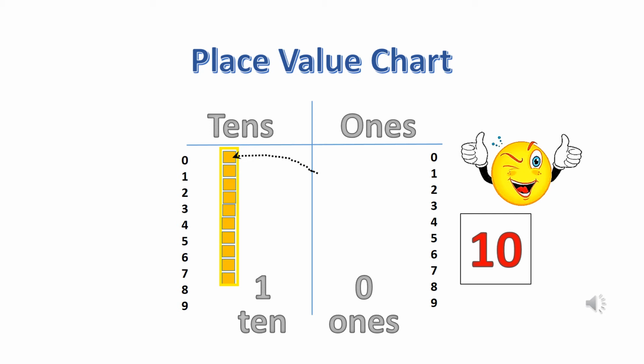We put them together as one stick in the tens place. So we only have one stick. And we have no cubes in the ones place. We have 1 ten stick and 0 cubes.